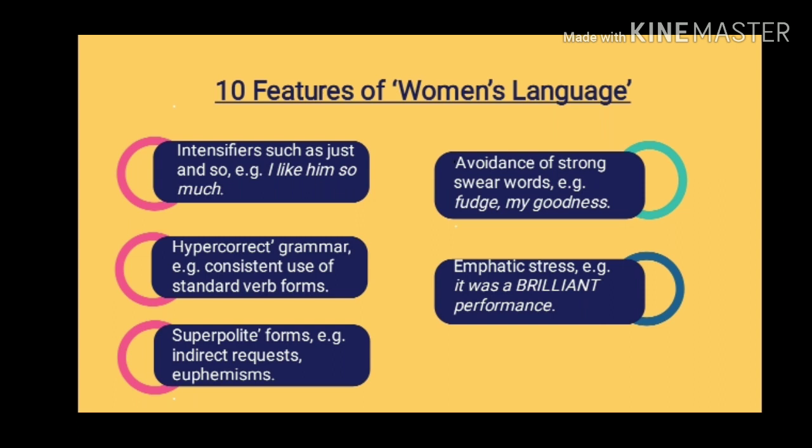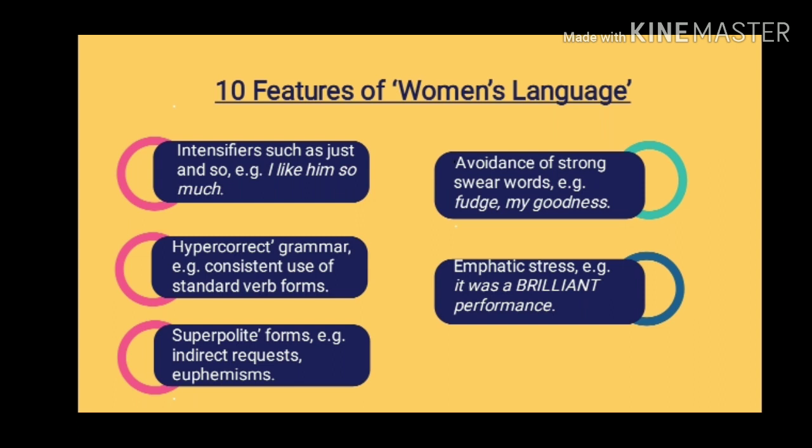To be polite is a psychological aspect of women because they are mostly repressed in their houses, offices, schools, so this could be the reason for their excessive use of polite forms.